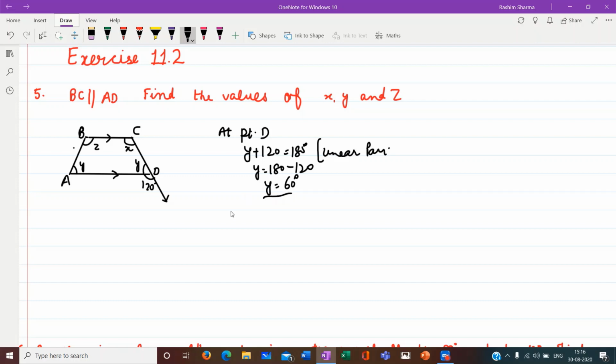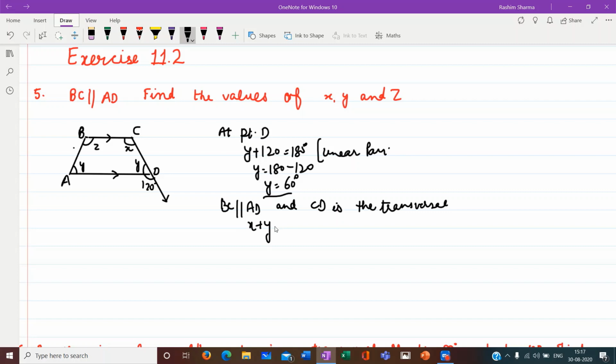Then if we take CD as the transversal for lines BC and AD. So when BC is parallel to AD and CD is the transversal, we have x and y as co-interior angles.